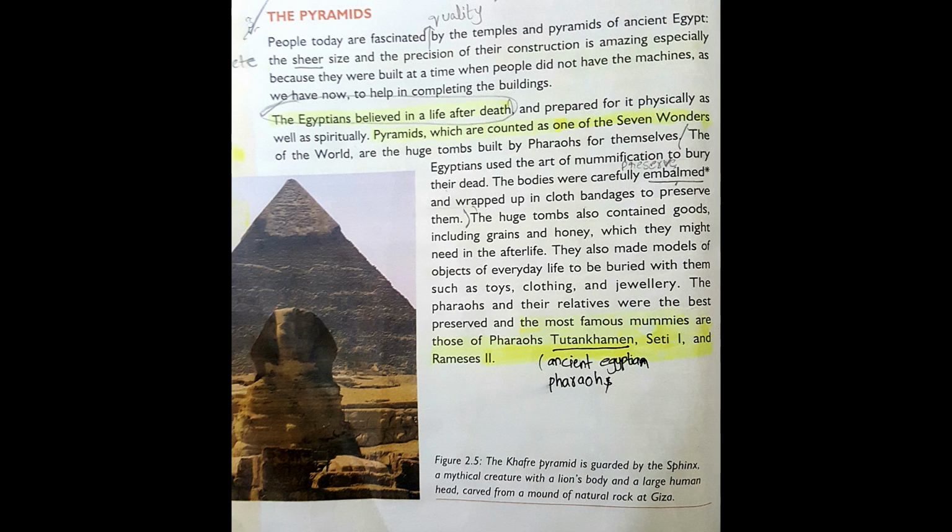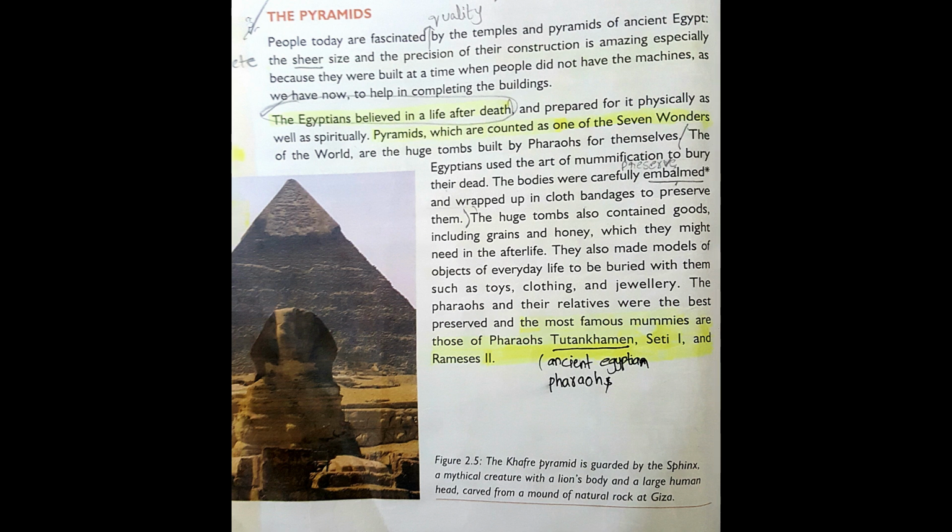The methods of embalming or treating the dead body that the ancient Egyptians used is called mummification. They used special processes.